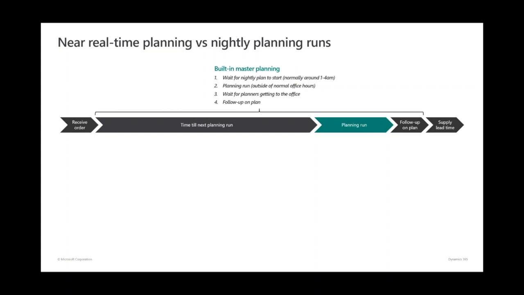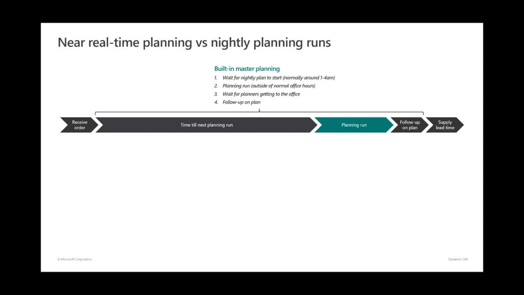When we're thinking about MRP planning and master planning execution, we have at the moment a very long waiting time during the day until the next planning run is executed. Normally the execution happens between 1 a.m. and 4 a.m., depending on the time zone and the business you're in.